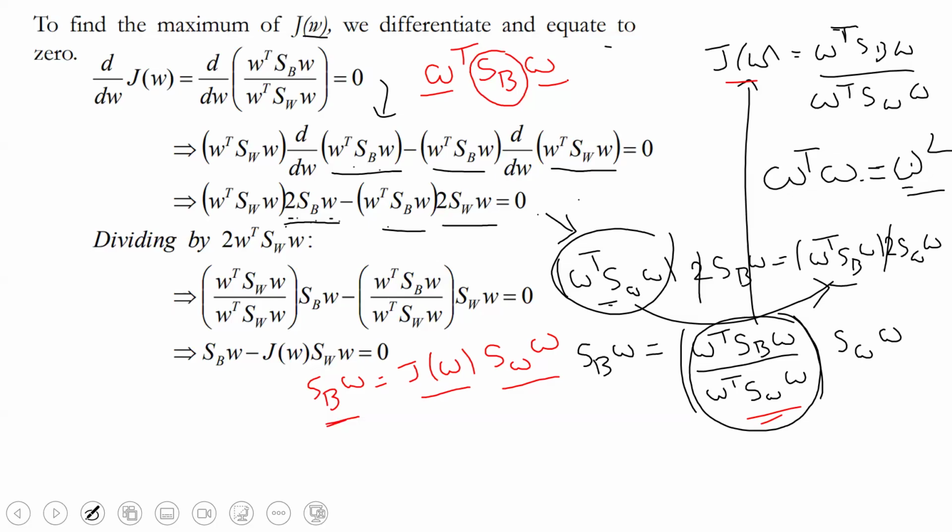Can someone tell me what a positive semi-definite matrix is? Whether a matrix is positive semi-definite or not, what will you do? Eigenvalues should be positive, and a symmetric matrix.